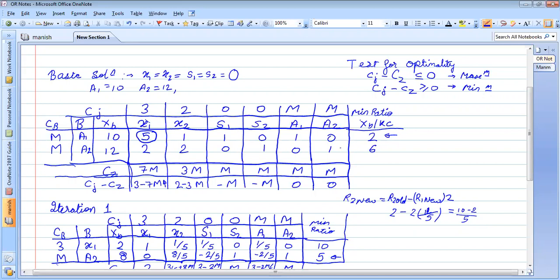See, in the maximization problem, we used to choose the minimum value, isn't it? Which has the maximum effect on the Cj minus Zj. What this indicates is that if we bring this element, that is x1, into the basic variable, we could reduce the value of this objective function by this amount, that is 3 minus 7M.